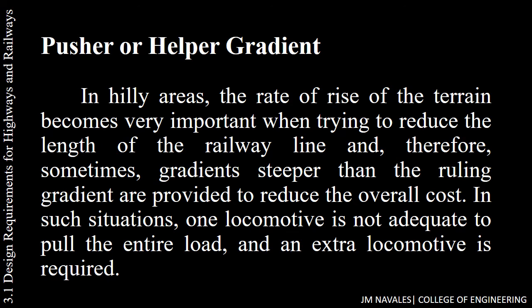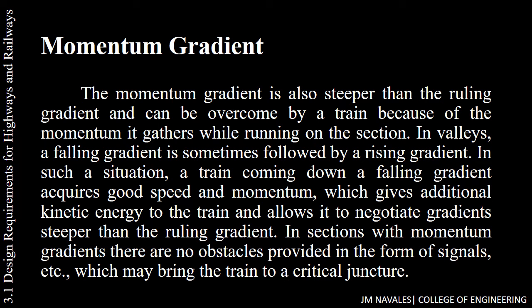In such situations, one locomotive is not adequate to pull the entire load and an extra locomotive is required. For momentum gradient, the momentum gradient is also steeper than the ruling gradient and can be overcome by a train because of the momentum it gathers while running on the section.